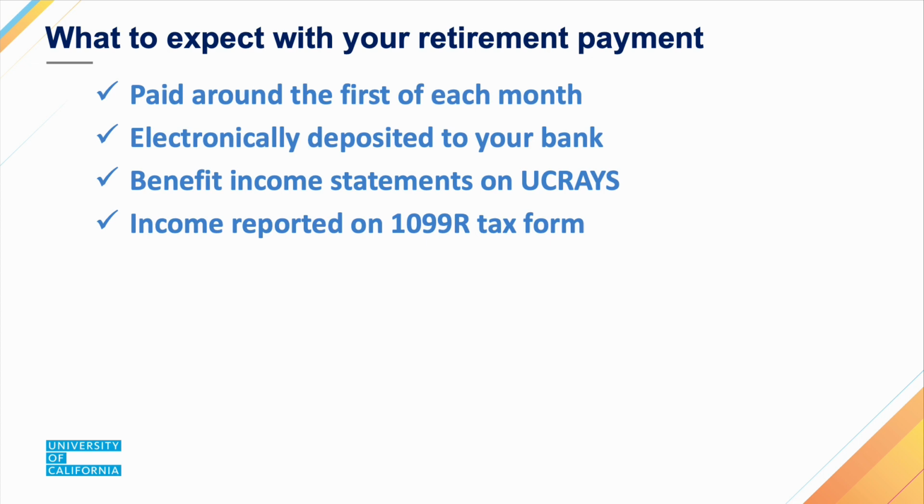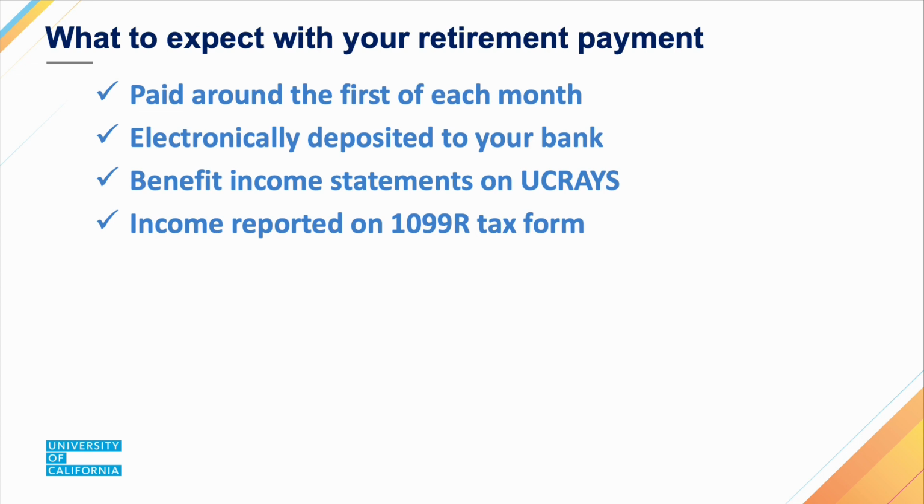So in the first year that you retire, let's say, for example, that you retire July 1 of 2023, in January 2024, when the tax statements become available for the 2023 tax year, you would be logging into UC Path to get your W-2 for the wages that were reported based off of your active employment.